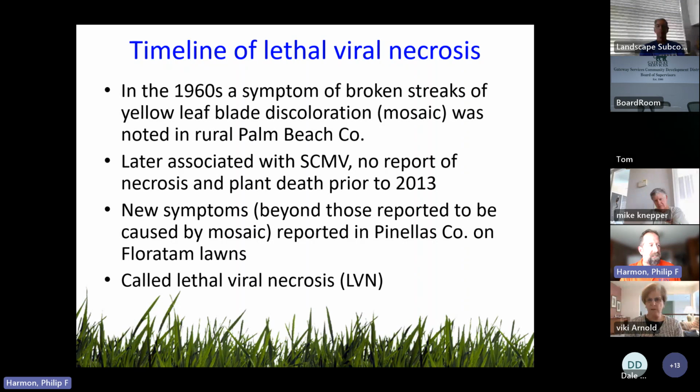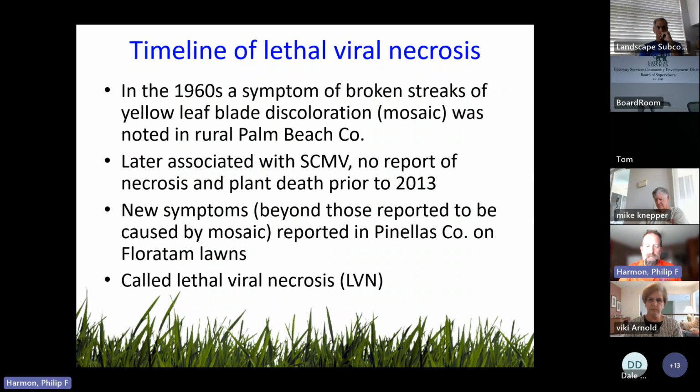They become necessary to replace those lawns with new sod. And so these are new symptoms that developed since 2013 with a new strain of this virus that we've been dealing with for a number of years. And this new disease, this more severe onset of symptoms in the fall of the year on the variety Floratam of our St.